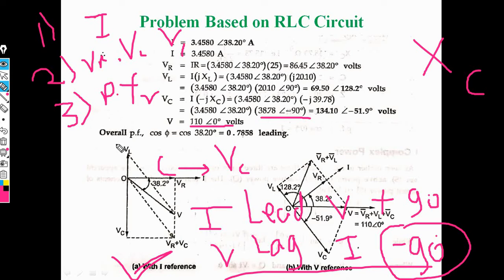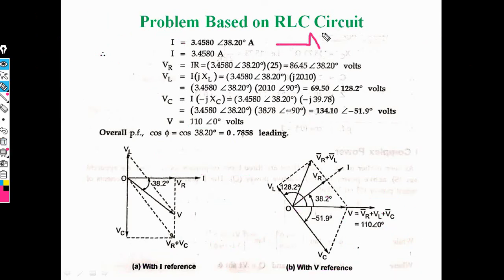This overall power factor is cos phi, but phi depends on the RLC circuit, that is, here this is resistance, inductance and capacitance connected with AC supply voltage.